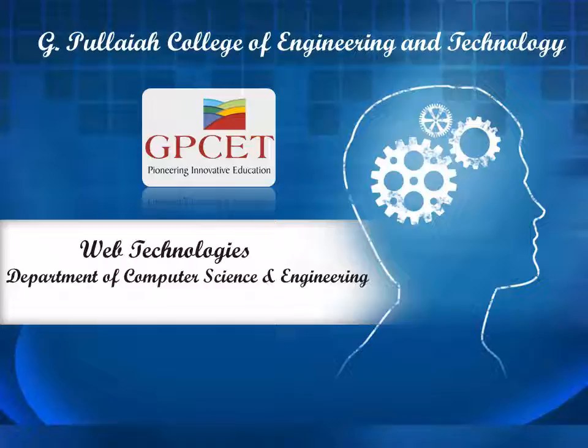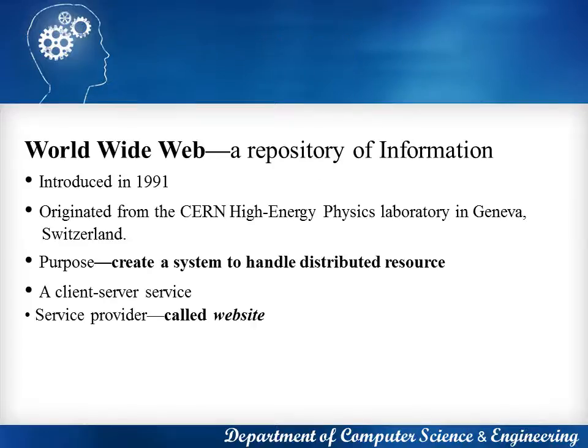Today I am going to explain some basic topics in web technologies. Nowadays, the interconnection of one or more computers to share their information or resources is called the internet. To make communication possible, the internet uses a common set of rules called protocol.